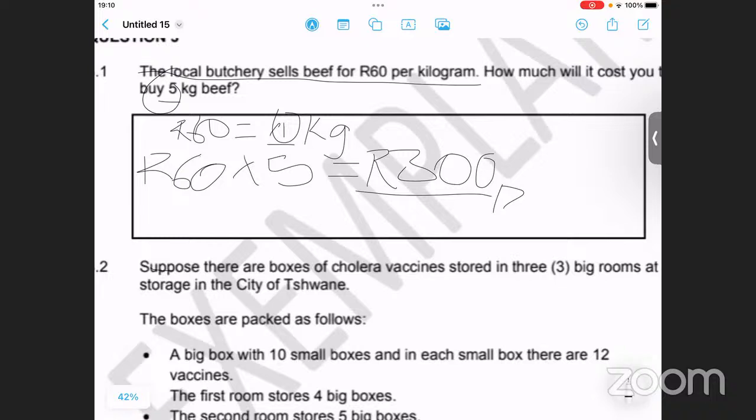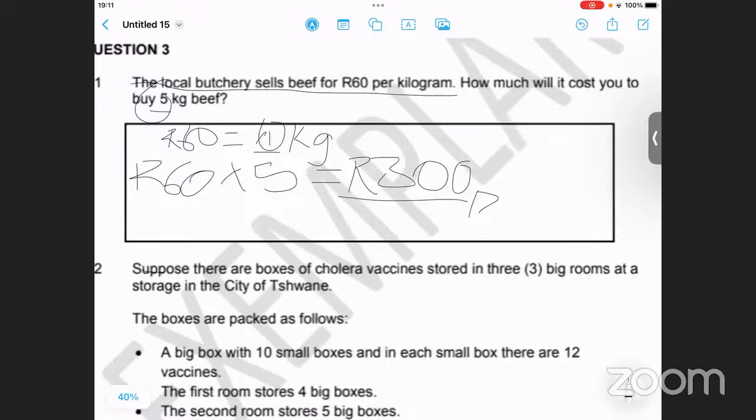Manahil? Ma'am, what was your question again? The question is, how much will it cost you to buy 10 kg, not 5?